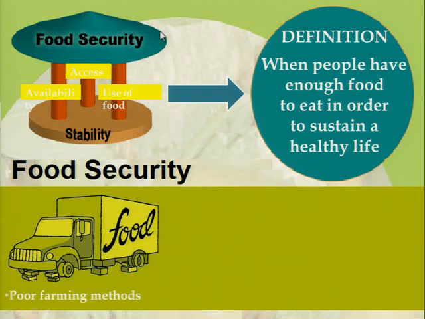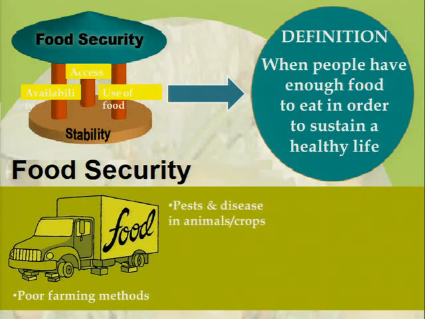But if we do not have food security, we are going to have food insecurity, which is caused by, look at my slide there. There it says, if we have poor farming methods, there's going to be food insecurity. Again, pests and diseases in animals cause food insecurity.